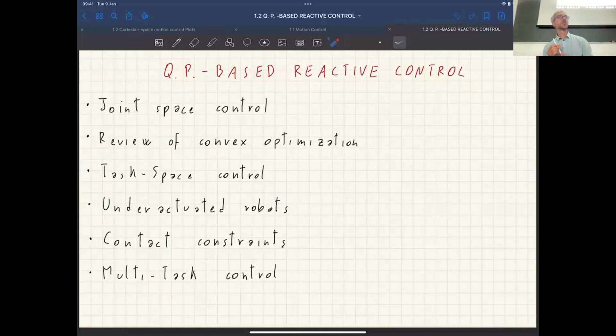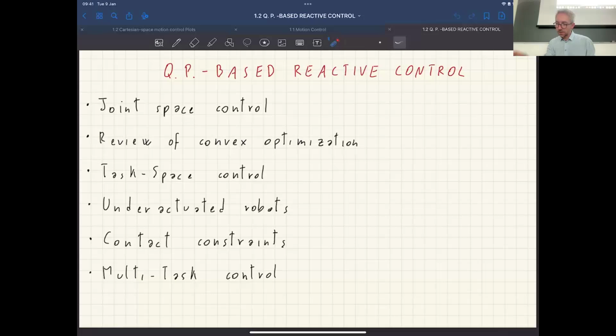Okay, we can then start the new subject, which is QP-based reactive control, where QP stands for quadratic programming. So this is, in a certain sense, the first real subject of this class, because what we have discussed so far is mainly review of stuff that you have already seen in other courses, or let's say classic methods that are not the main focus of this course.